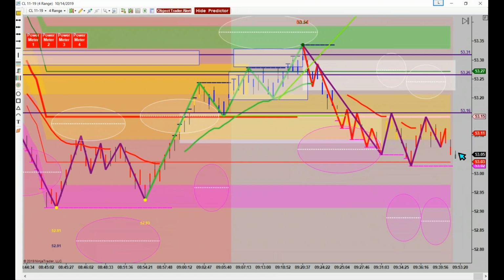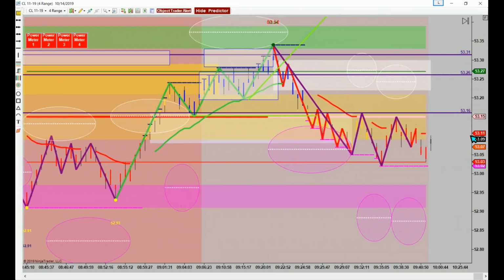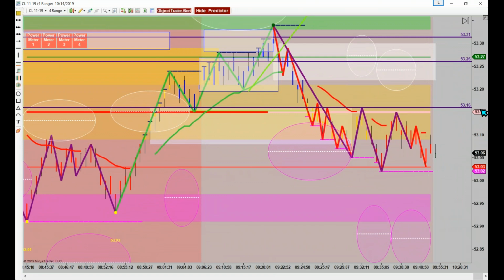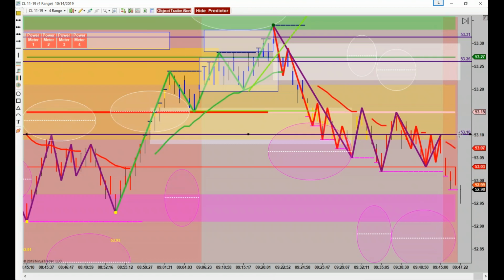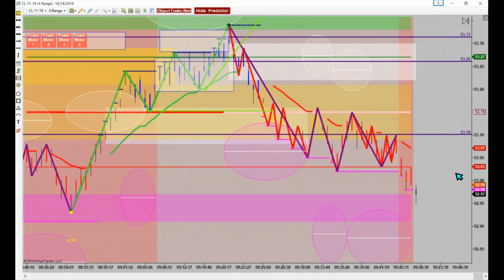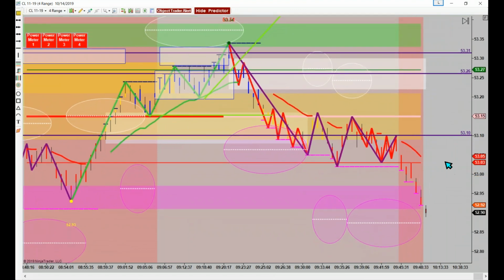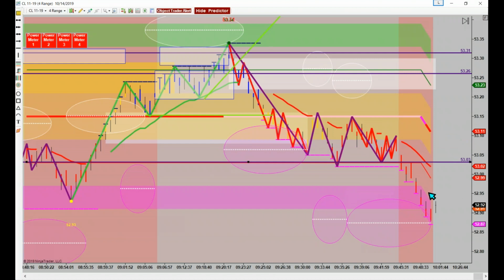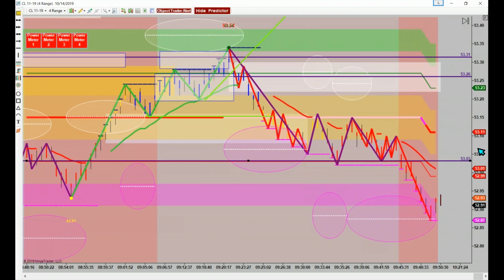Still holding. Lightning 1. Bring your stop. I'd bring my stop here even though Lightning 1 hadn't drawn yet.